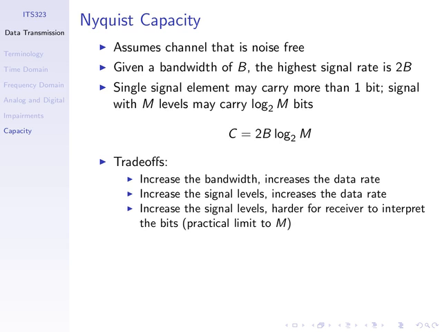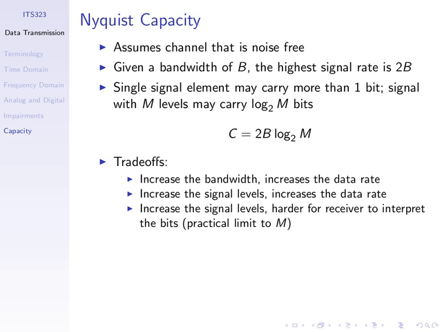When we shift and modulate our signal, it occupies a range of frequencies, in this case, and the bandwidth we have available will limit how fast we can send. So there's a relationship between a particular frequency and how many components we can have, which is determined by the bandwidth. If we go back to that first example, we'll see that as we increase the bandwidth, we increase the data rate.